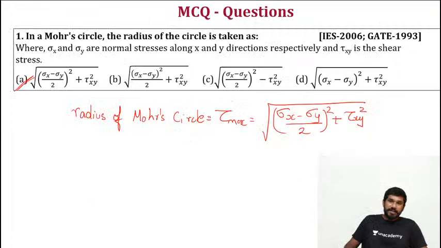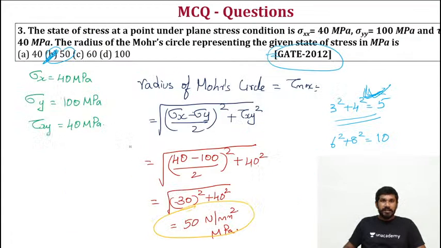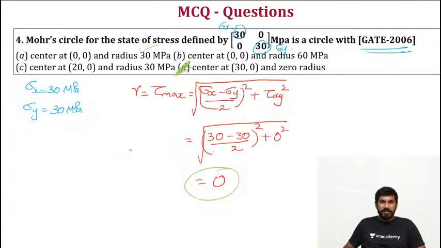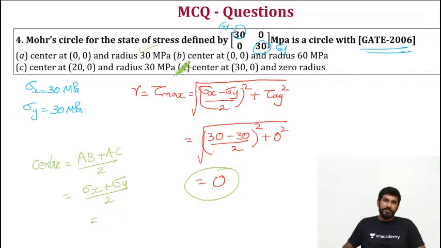So according to that, if you go into the next question, the center point is AB plus AC by 2. What is AB? That is maximum principal stress, plus minimum principal stress, divided by 2.